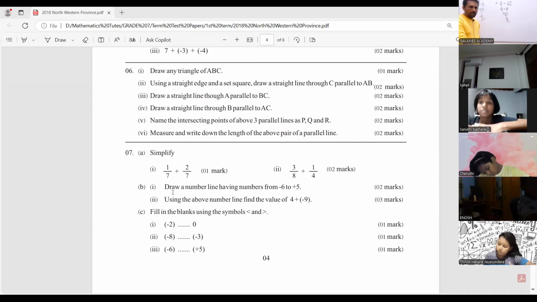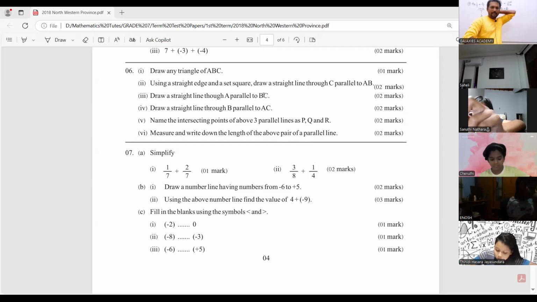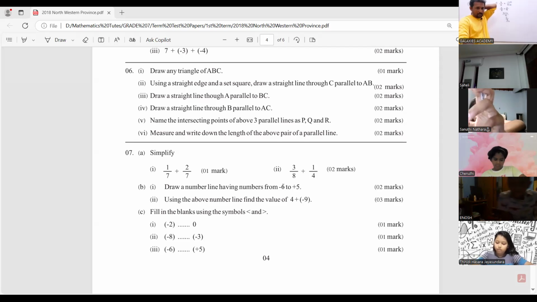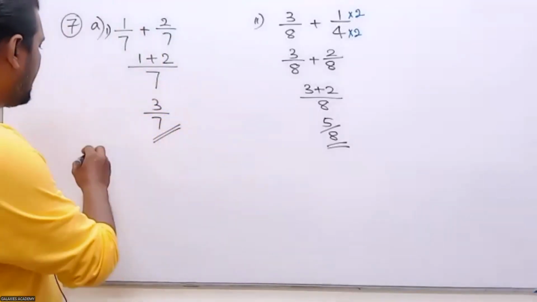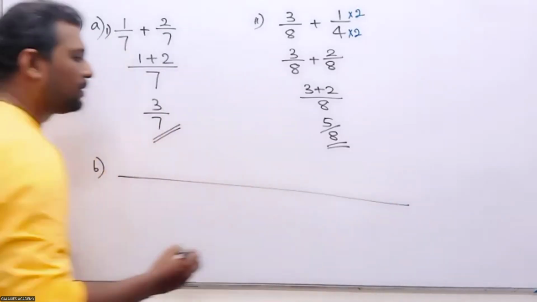Simple B, draw a number line having numbers from -6 to +5. Then the second part given, using the above number line, find the value of +4 add -9. Right? Directed numbers addition you have to do. First, I will draw the given directed numbers. -6 to +5, you have to mark. When you draw the directed numbers, you have to draw a straight line.